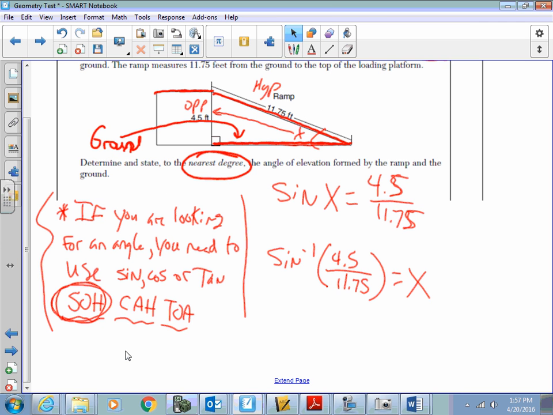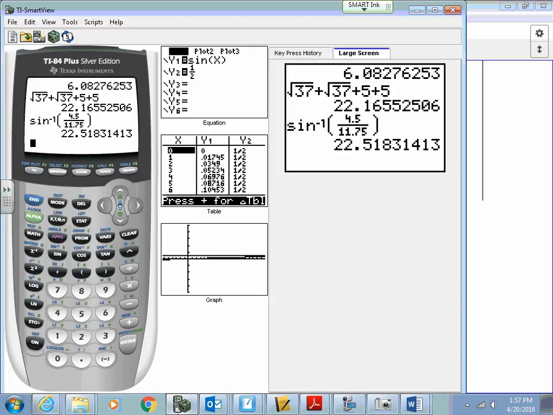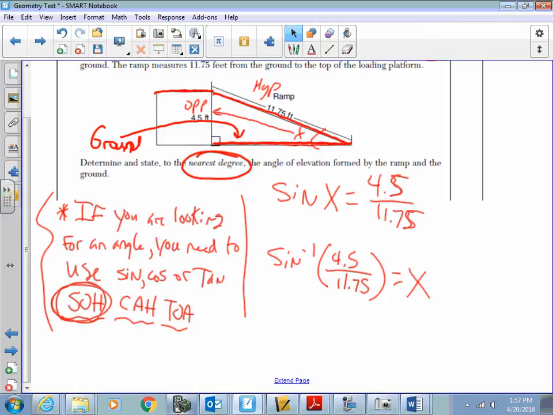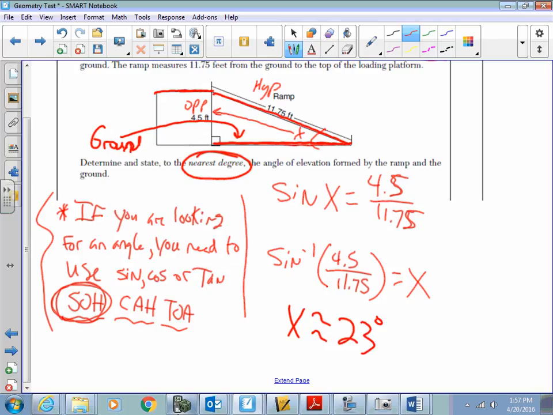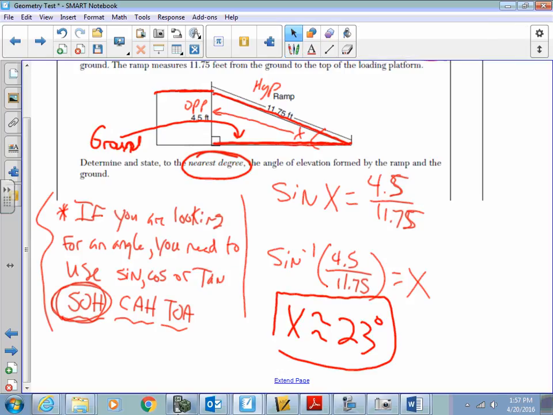That to the nearest degree would be 22.5, so that's going to round up to 23 degrees. So my x is approximately 23 degrees. That is your angle of elevation.